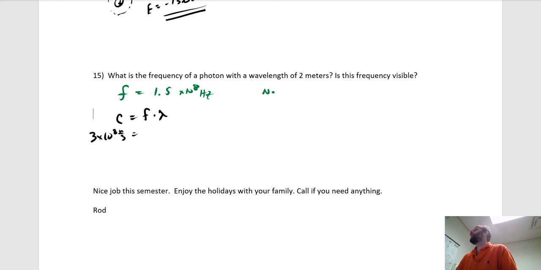That's true for all electromagnetic radiation. And then we're putting in 2 meters for the wavelength, and then you're solving for the frequency. And take this 2 meters and look at the electromagnetic spectrum, and I think you should easily see that 2 meters is not visible. Human eyes can't see a 2-meter wavelength.